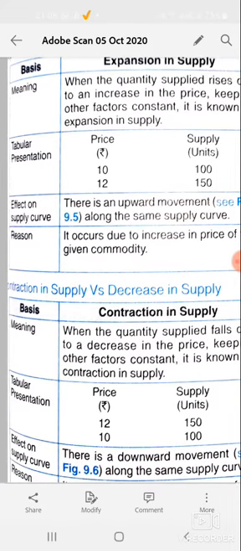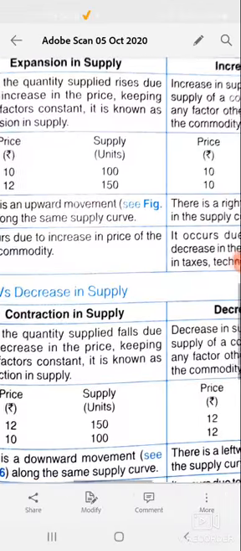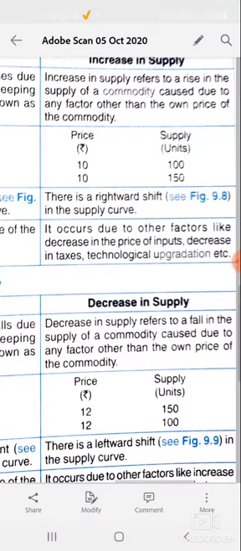In both cases the quantity supplied falls, but in contraction it is due to a fall in price while other factors remain constant. But oppositely, in decrease in supply, price remains constant, supply falls, and other factors than price change.